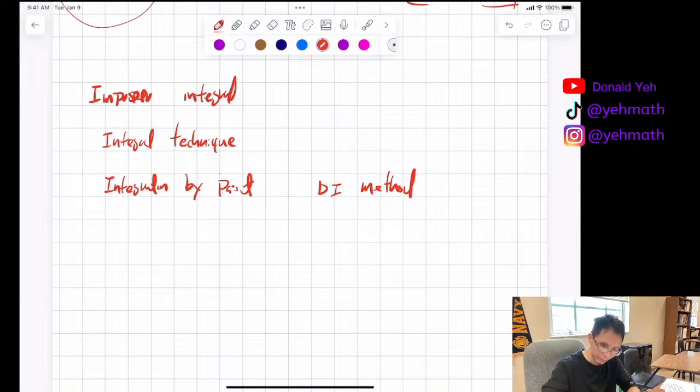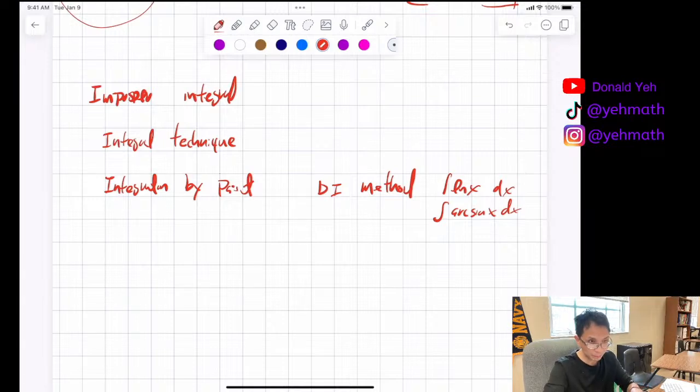You got integration of natural log of x, integration of arc sine of x. All those things are integration by parts, even cyclic and all kinds of stuff that you can think of. So that is 8.2.